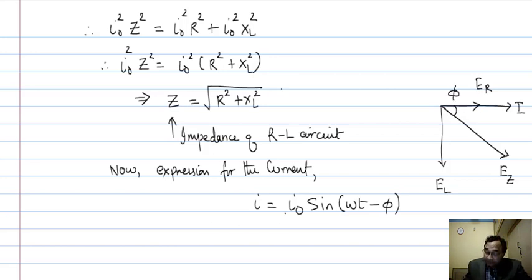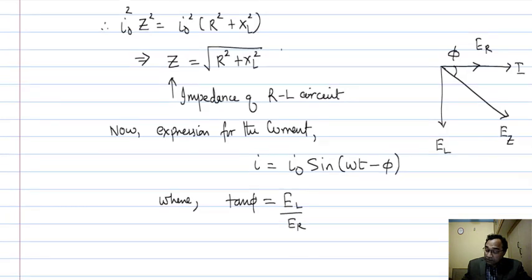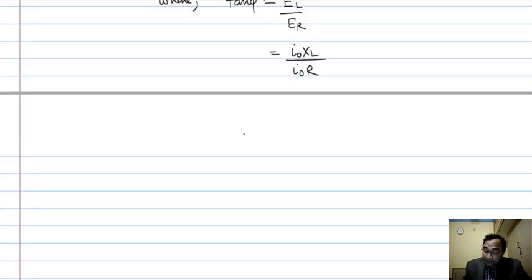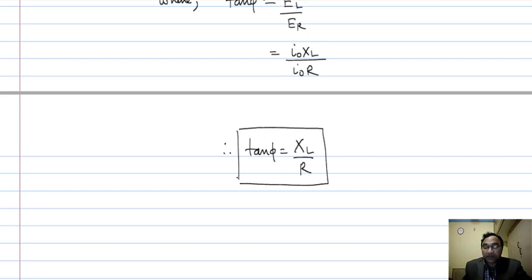From this impedance triangle, tan phi is EL by ER, which can be written as I naught XL by I naught R. So, we get tan phi is XL by R. That is exactly how we can find the phase relationship between the applied EMF and the current.